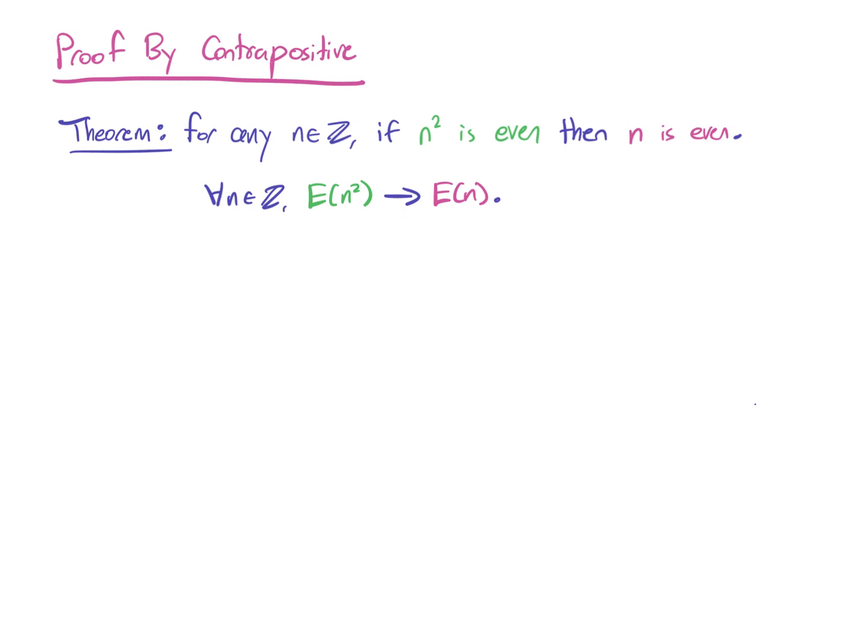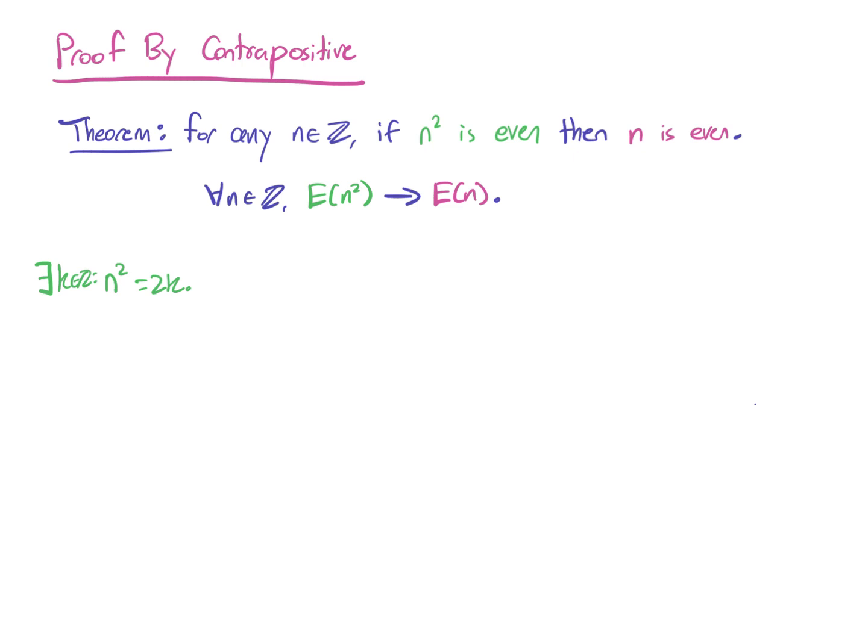If I used the definition, for example, I would say, okay, I know that n squared, there exists a k in the integers such that n squared is equal to 2 times k. Okay, that's great, but what am I going to do with this?